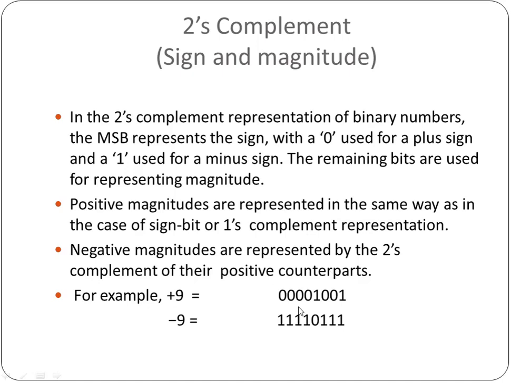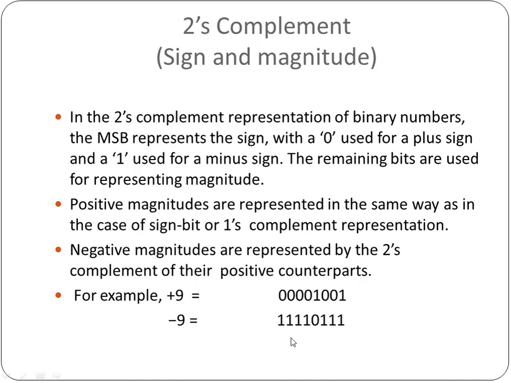For example, here it is plus 9. So it is 0 0 0 0 1 0 0 1. Now this is 1 0 0 1, the 9 magnitude, and 0 is the plus sign. If you take the 2's complement of this number, it will be 1 1 1 1 0 1 1 1. How is it obtained? Just take the first complement of this number and add 1 to it, and you will get this number.